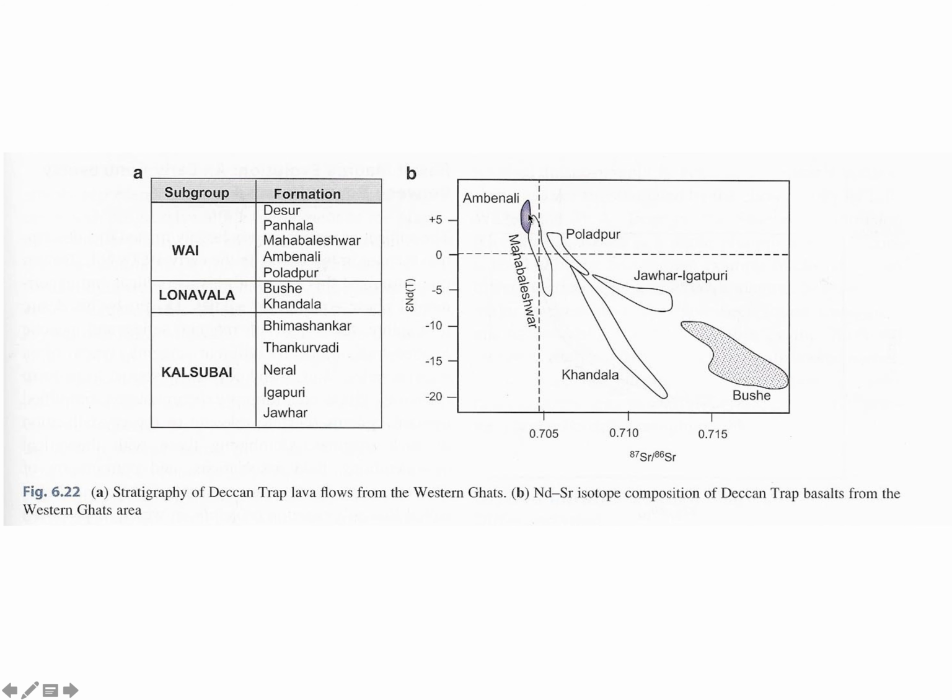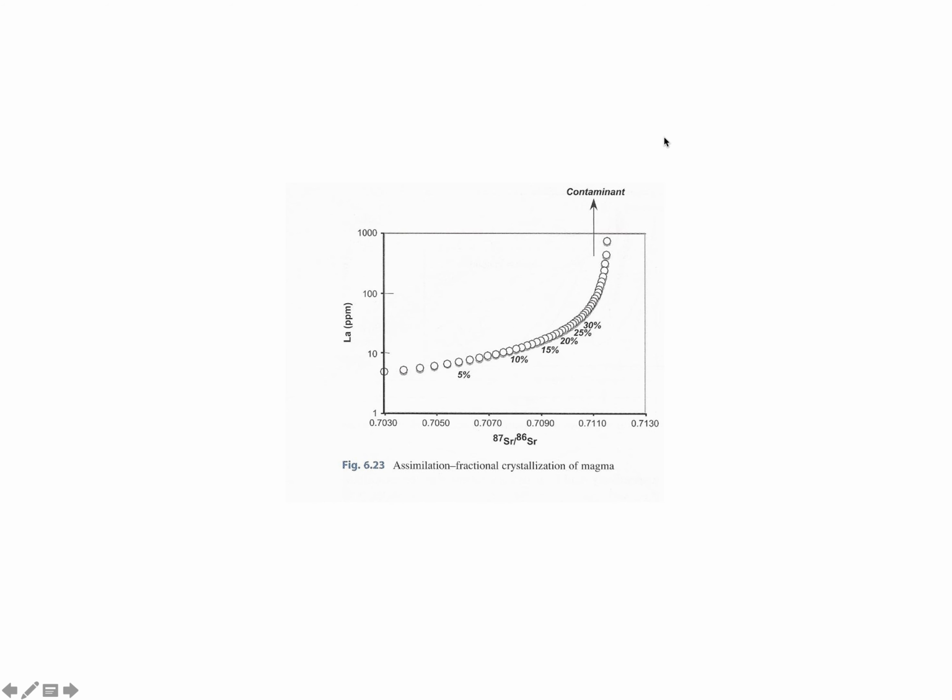And here we have the Ambenali and the Mahabaleshwar having lower strontium, but the Ambenali has higher epsilon neodymium, and they belong to the subgroup Wai. So when we use these geochemical fingerprints, here the isotopes, we can distinguish the different rock types from each other, and we can reconstruct the formation history, for example, of the Deccan Trap basalts or the Deccan Trap lava flows.